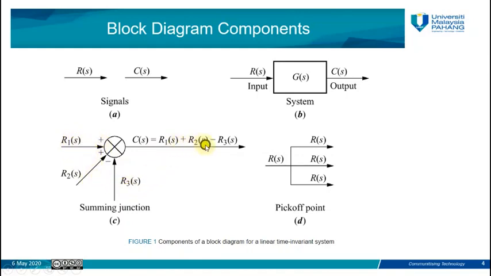So R1 plus R2 minus R3. In the case of the pickoff point, we have one input here, which is R(s), and it's distributed into three inputs: R(s), R(s), R(s). Each one will go to one subsystem. So we call it a pickoff point.